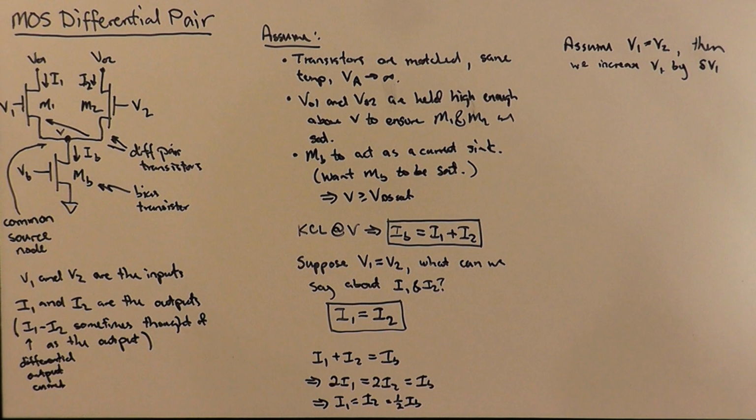What happens? Let's think our way through this. What happens when we increase the gate voltage of M1 by some small amount?